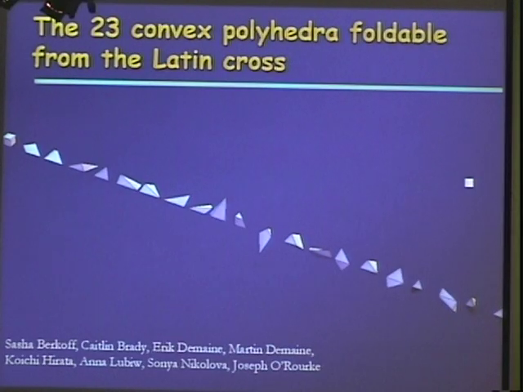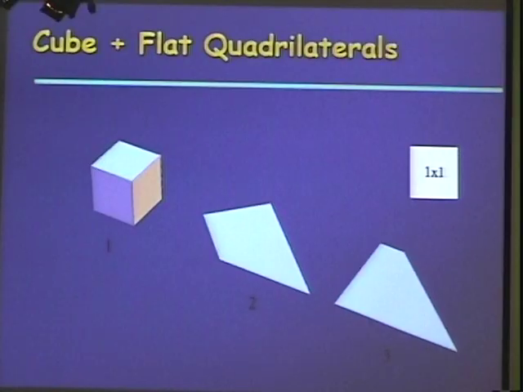And here they are, all stretched out. This is supposed to be a unit square on top of the cube over there. And this is the work of quite a number of people, a lot of my students folding all year. And I'll just take you through the variety. So all of these come from folding this in different ways. You get the cube. You get these two flat shapes.